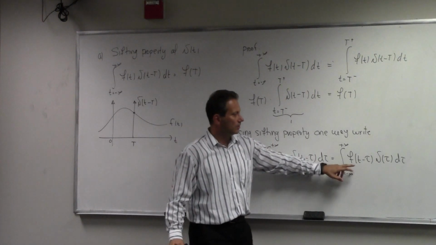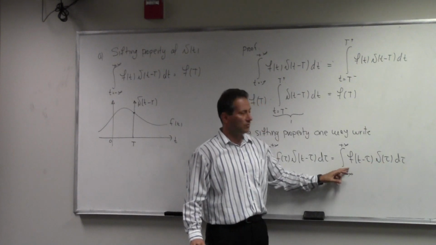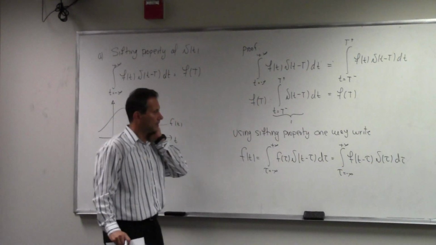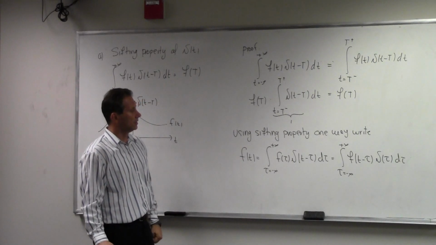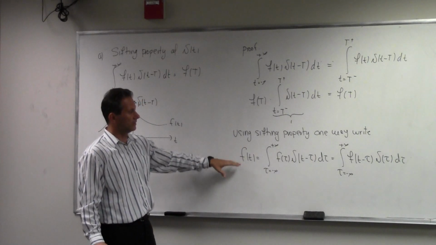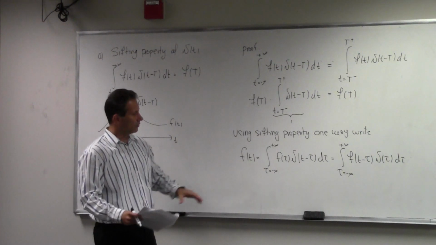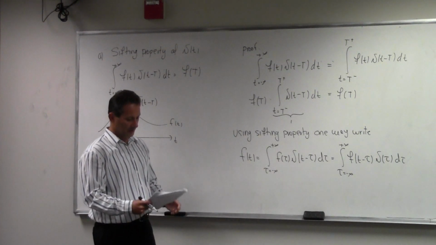And the same here only exists when tau is equal to 0, which is f of t again. So these two integrals are kind of the origin of the convolution that we're going to introduce a little bit later.